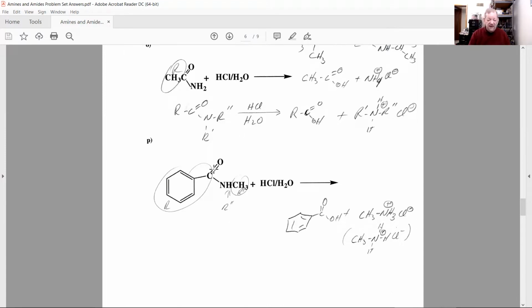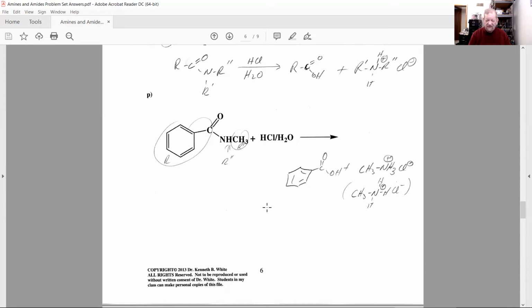So if we look at P, R is a benzene ring, and the carboxylic acid is benzoic acid. And R prime is methyl, R double prime hydrogen. Again, I didn't write down, oh, I'm getting lazy. R prime and R double prime can be hydrogen. I better get unlazy.